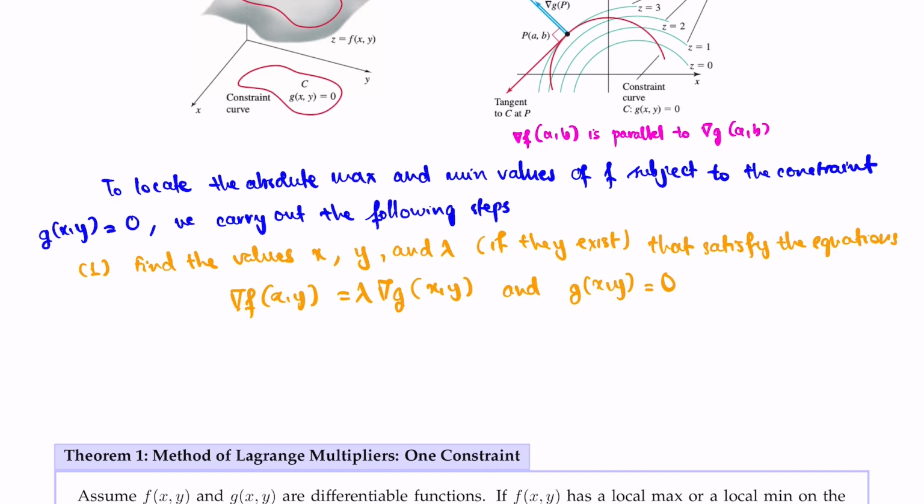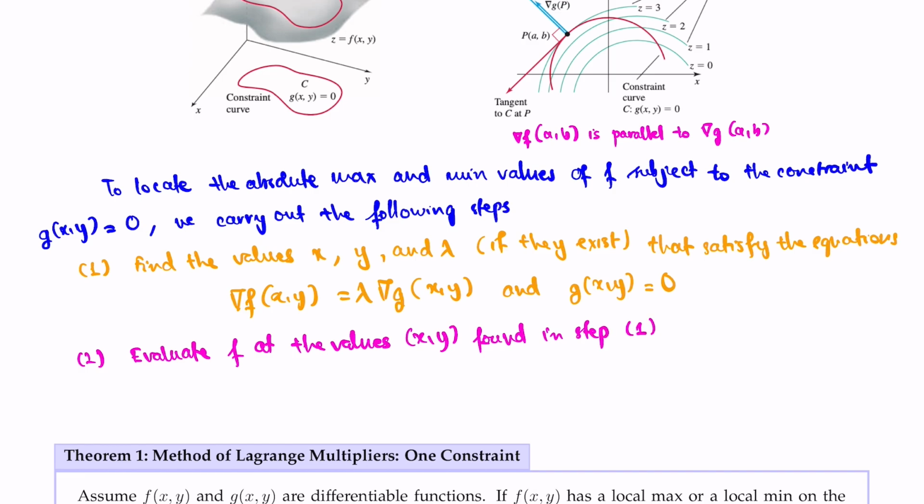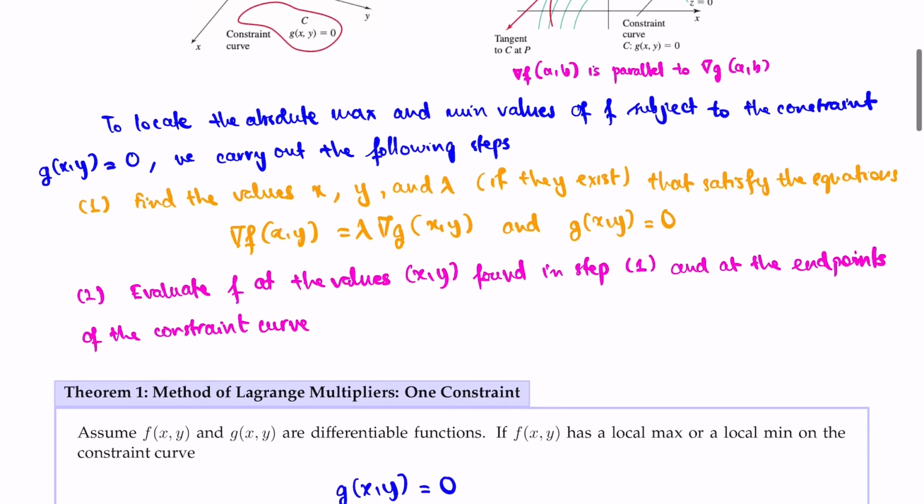These values are the absolute maximum and minimum values of f subject to the constraint.